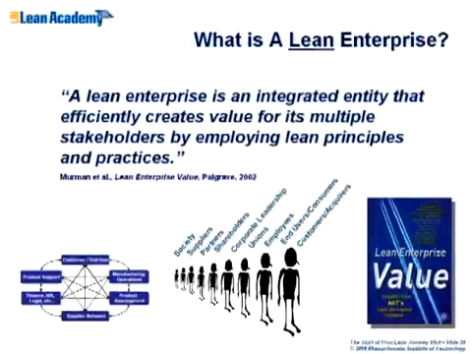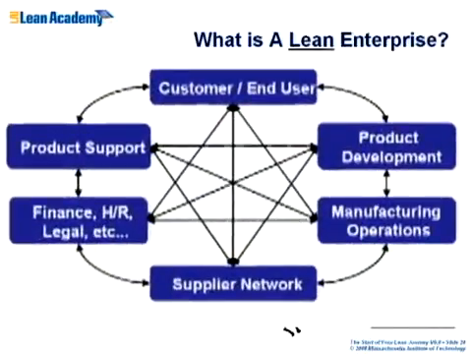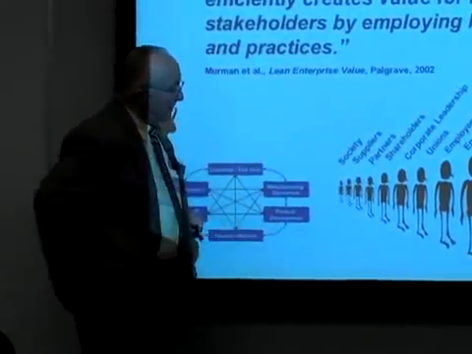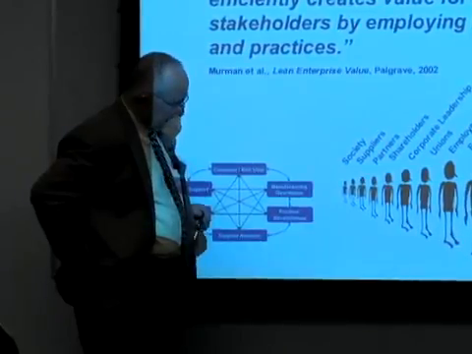It says a lean enterprise is an integrated entity that efficiently creates value for the multiple stakeholders by employing lean principles and practices. And you remember, these are all of the elements that it takes to create an enterprise. What we're trying to do is to create value for all people in the total supply chain and in the enterprise.